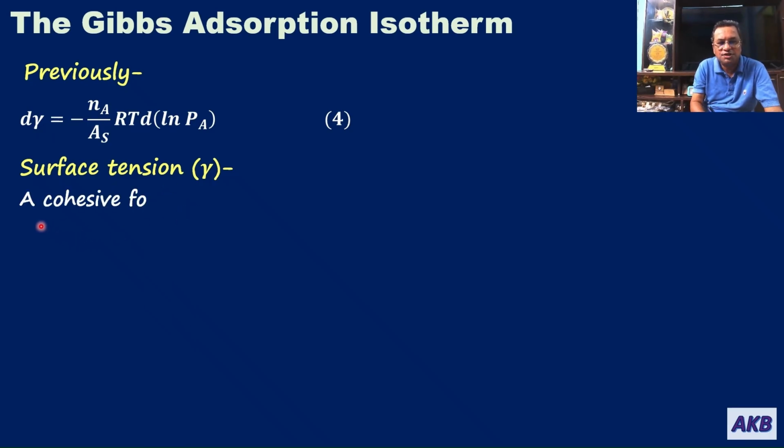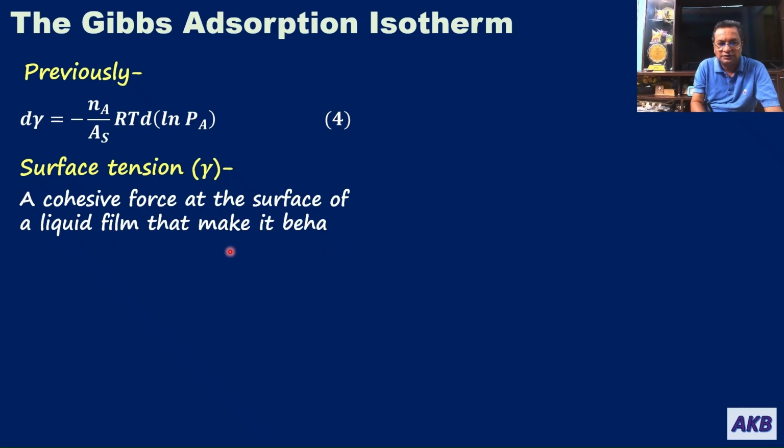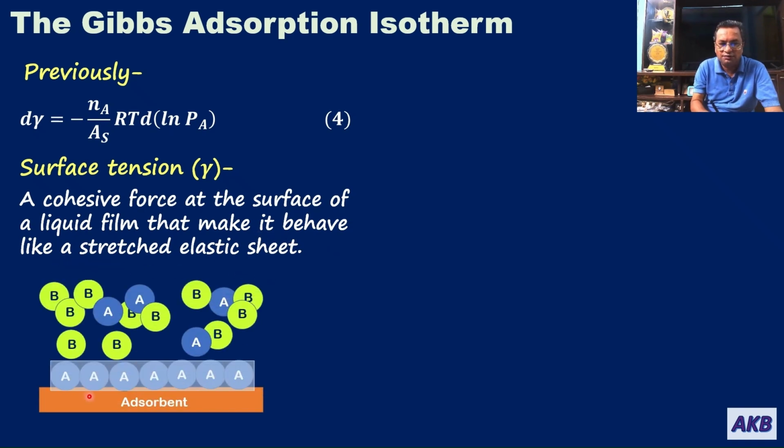What is surface tension? It is a cohesive force at the surface of a liquid film that makes it behave like a stretched elastic sheet. So if you look at our scenario, you have the adsorbent, and on the surface of the adsorbent you have the molecules of A that have been adsorbed, and we are assuming that these molecules are behaving like a liquid film.